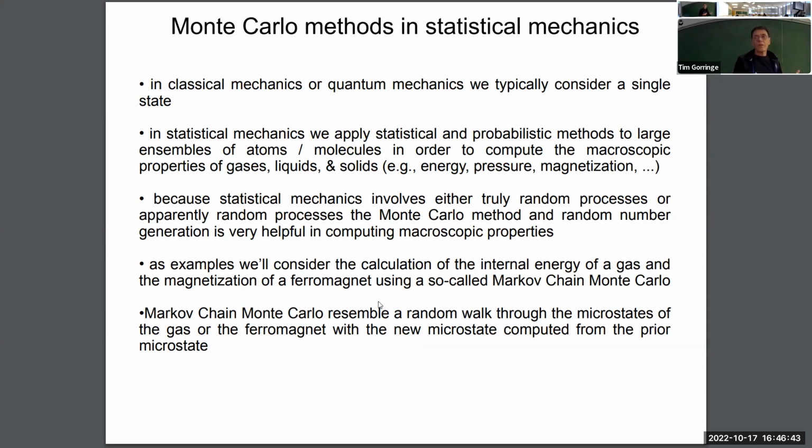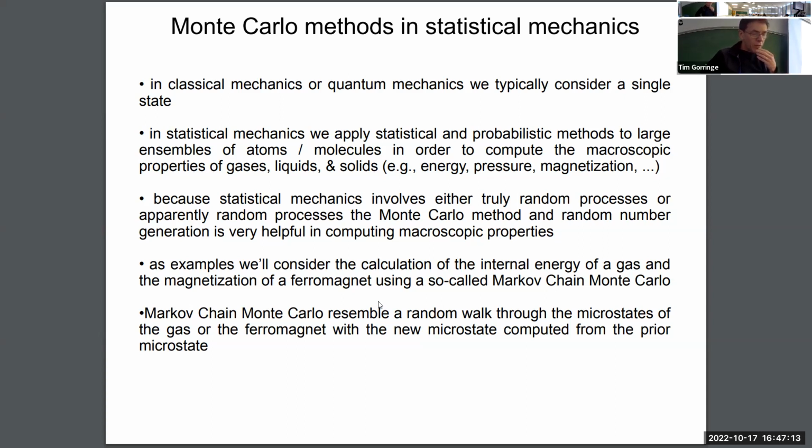And so we can model them with Monte Carlo simulations. The two cases that we're going to do, one in today's class and one in Wednesday's class. Today's class, we're going to look at the internal energy of a gas, kind of a quantum gas. So we're going to calculate the internal energy based on the temperature of the gas with a Monte Carlo method.